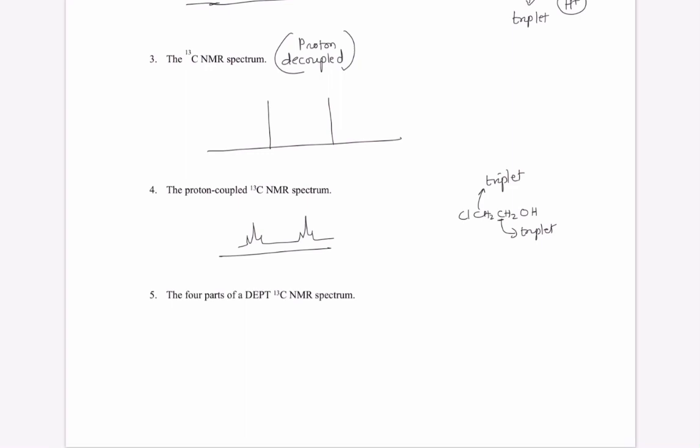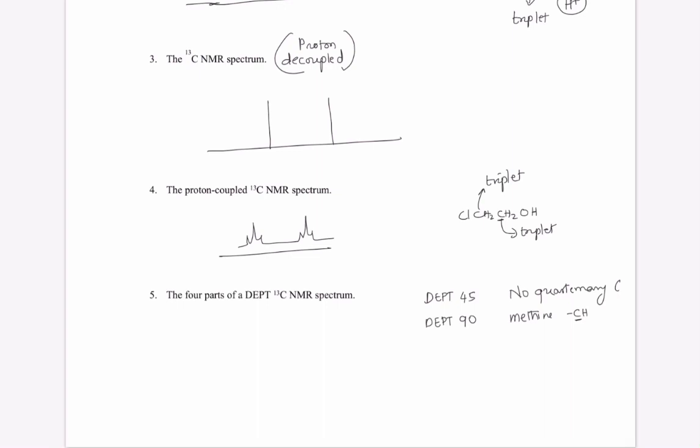Now, for example, when you take DEPT-45, this is not going to show the quaternary carbons. And if you do a DEPT-90, this is only going to show the methine carbons. So something which is going to be like this.